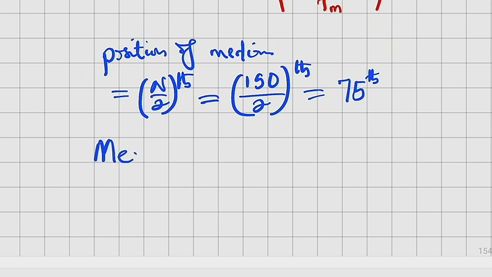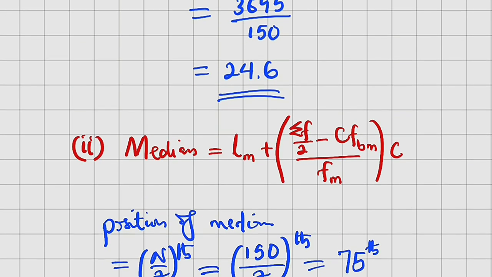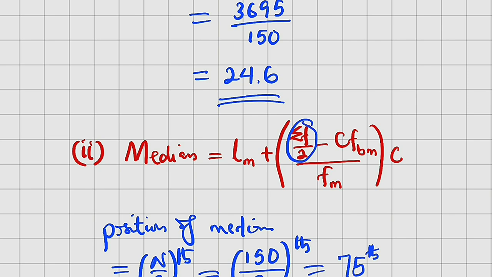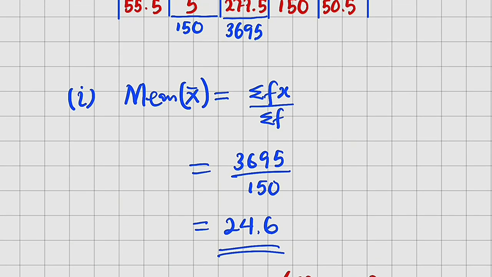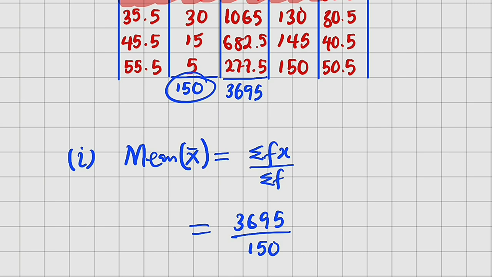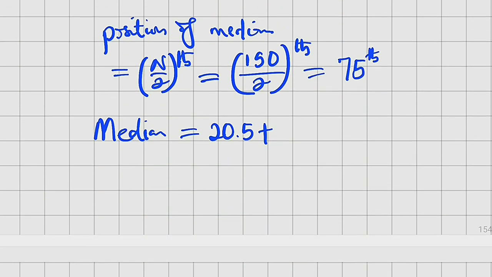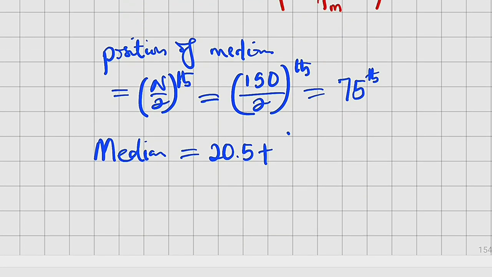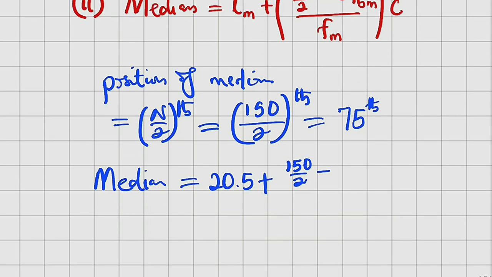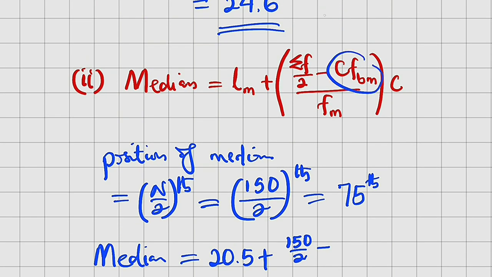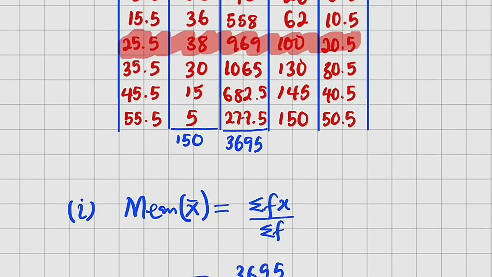Therefore, the median is equal to the lower class boundary of the median class, which is 20.5 plus this divided by 2. Summation of f, remember summation of f is what? 150, and once you divide it by 2, you get 75. Or should we write it all? So let's write it 150 divided by 2 minus cumulative frequency before the median class.